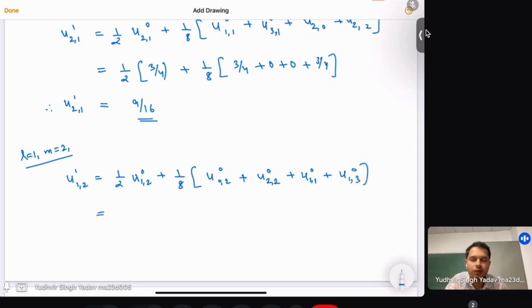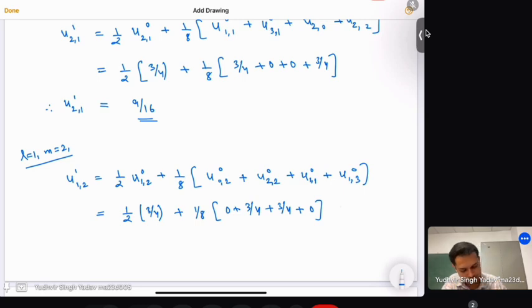Now again substituting the known values, we will get 1 by 2 times 3 by 4 plus 1 by 8 times 0 plus 3 by 4 plus 0 plus 3 by 4, which is nothing but 9 by 16.